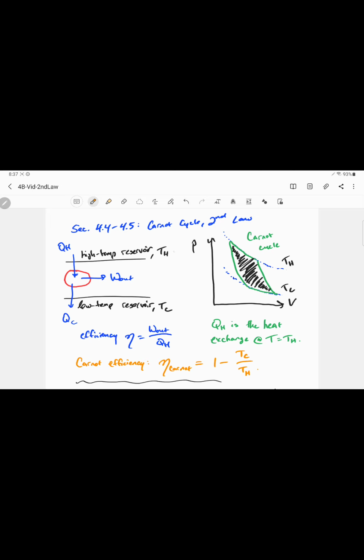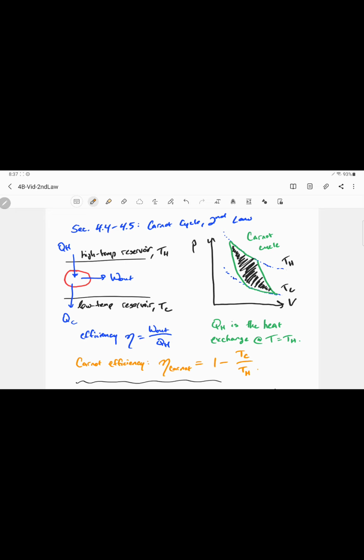You can imagine if you took in some heat right here and you spit out some heat at some intermediate temperature, you can then take this and put it into another heat engine and then spit it out at this temperature. So it sort of makes sense that all of the heat is taken at this temperature and extracted here for the best possible engine. It happens to look a little bit funky on a PV plane, but the more you think about this, the more it starts to make sense.